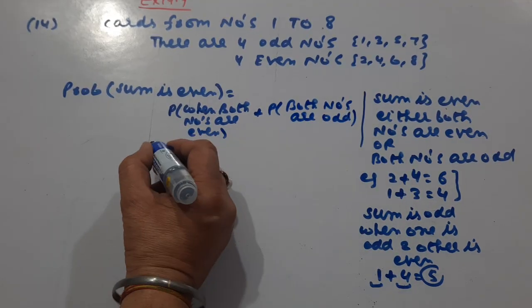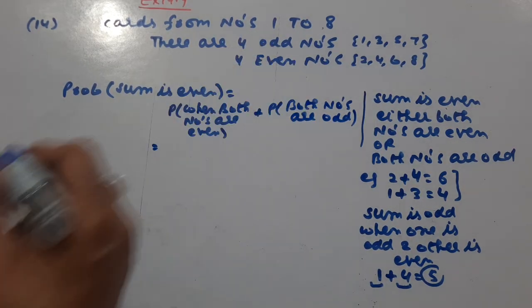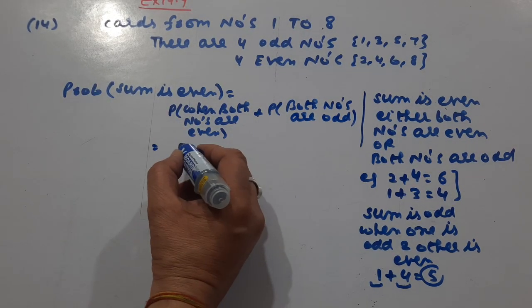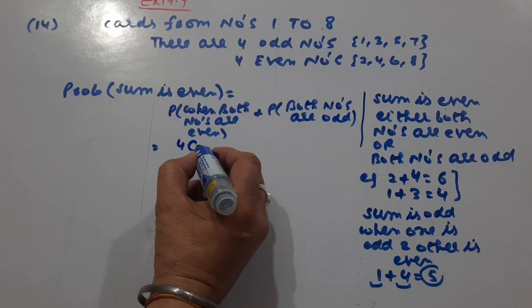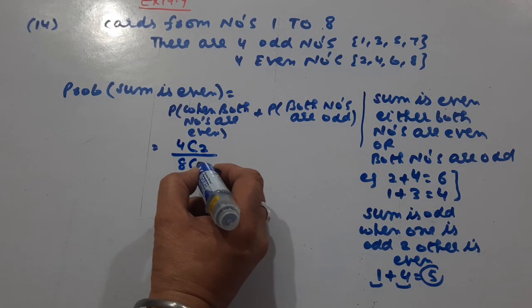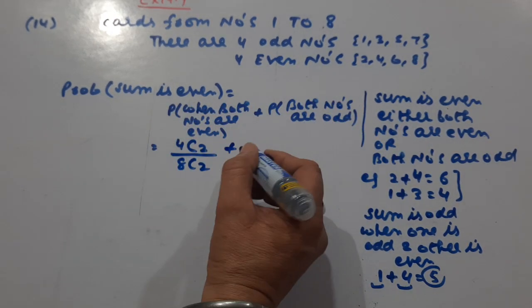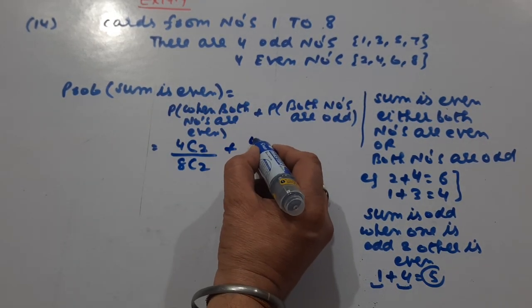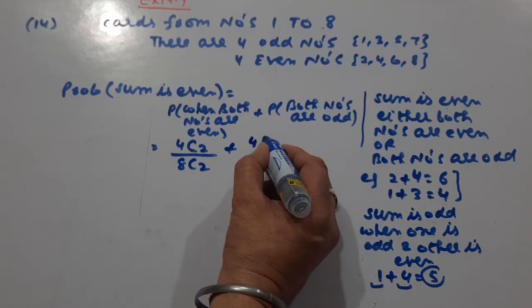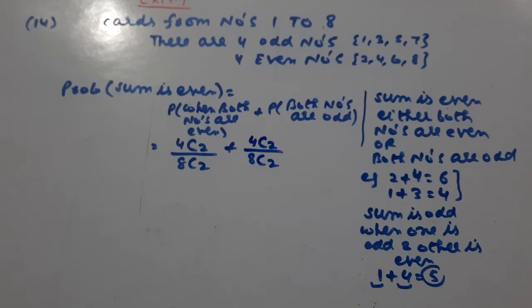Now both numbers are even. So we have four even numbers, 1 to 8 के बीच में four even numbers हैं. So two numbers can be selected out of 4 in 4C2 ways upon 8C2, plus both numbers are odd. There are four odd numbers between 1 to 8. So two odd numbers out of 4 can be selected in 4C2 ways upon 8C2, right?